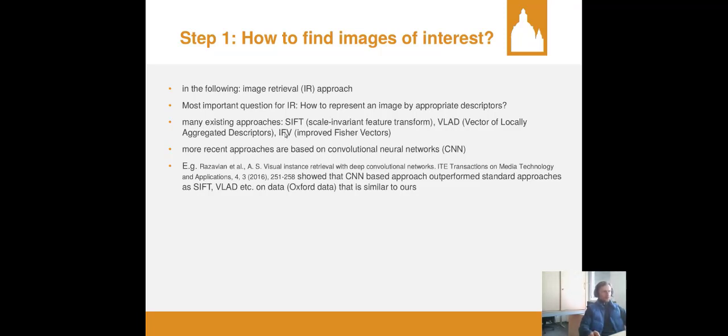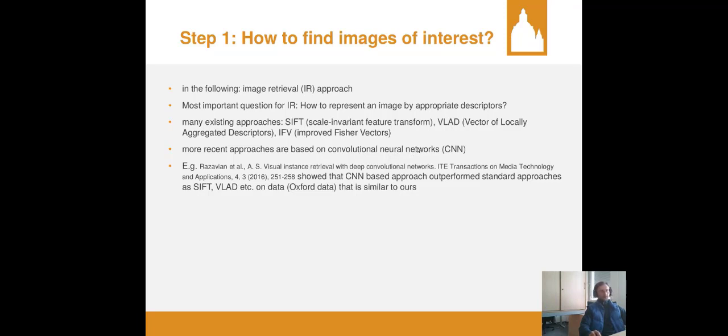And there are different approaches around. The more common approaches in computer vision are SIFT, VLAD, and all that stuff. And during the last years, alternative approaches came up that are based on so-called convolutional neural networks.